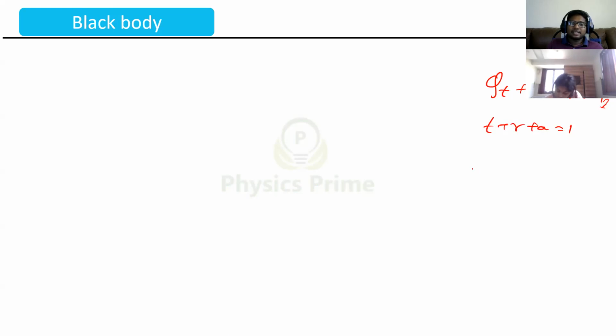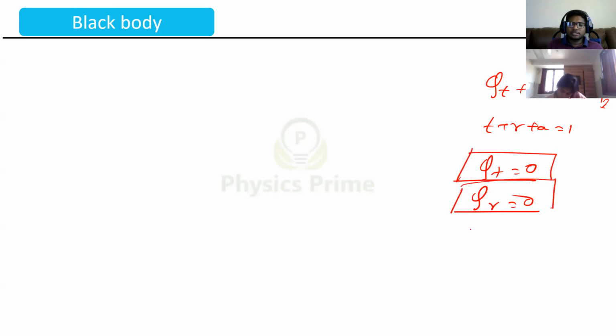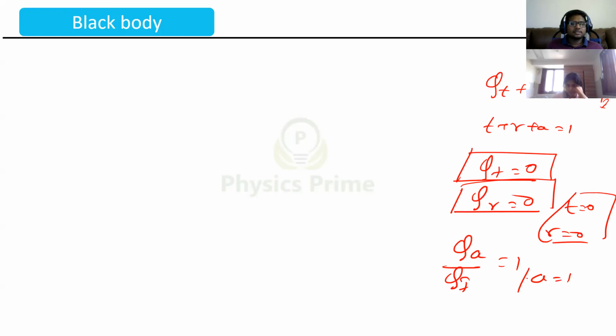But here, if QT is equal to 0, QR is equal to 0, that means no transmission, no reflection, only absorption. That is QA by Q incident is equal to 1. That means, got it? That is T is equal to 0, R is equal to 0, only A is equal to 1. That means entire energy is absorbed.